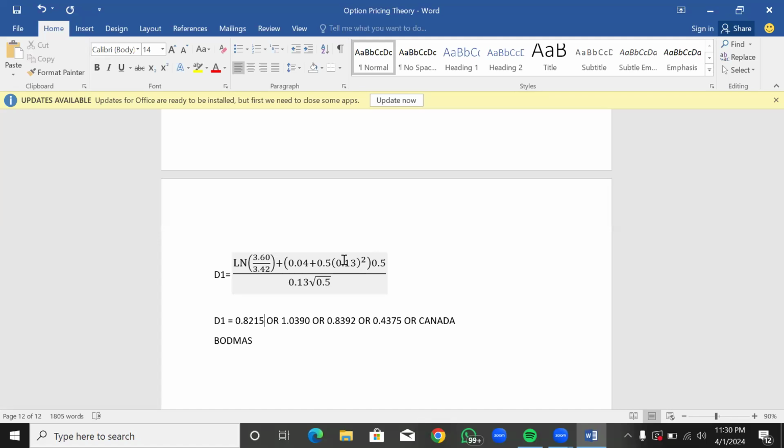Add it to 0.04. You have something like 0.04845. And multiply all your answer now by 0.5. So you have 0.024225. Whatever you have now, add it to whatever you get from this ln.